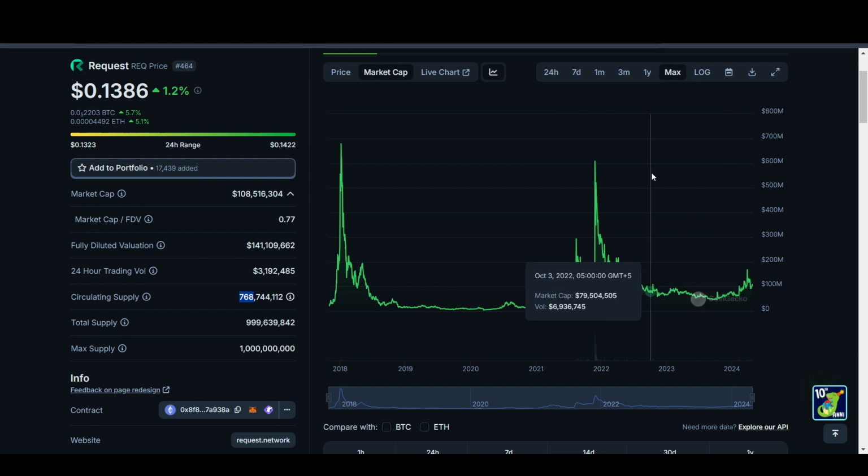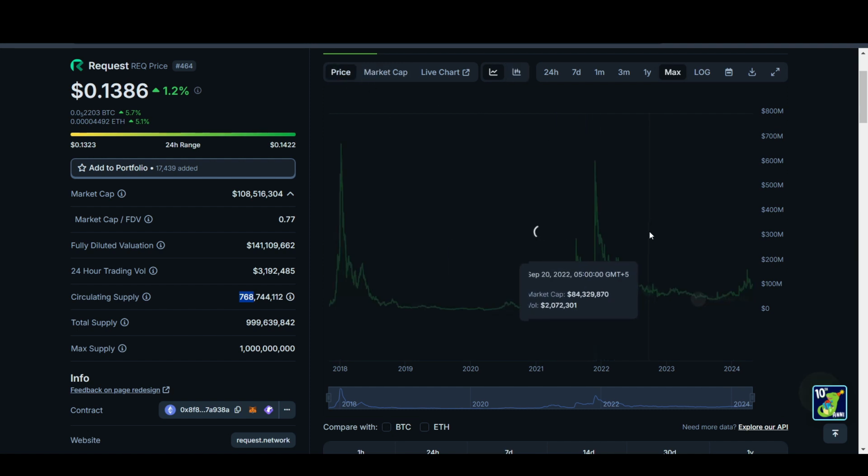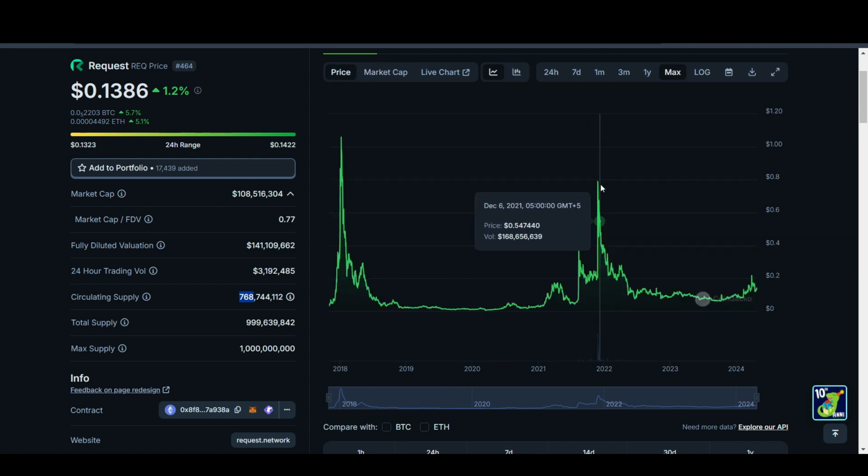I don't think it will go above that, because as you can see, it has always rejected from this market cap. The price has actually remained the same, so that means the increase in supply has not been that much. That is pretty good. So I think it could go up if it gets demand, but it is unclear whether there will be enough demand for this coin.